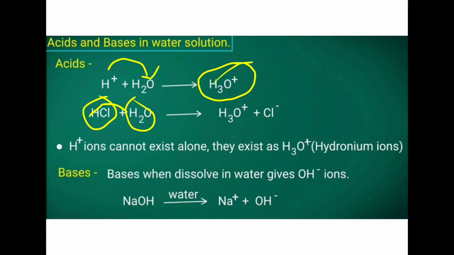The chlorine remains in the solution as Cl minus only. So H plus ions cannot exist alone, that's why they exist in the form of H3O plus, or hydronium ions. Similarly, when a base like sodium hydroxide is mixed with water, it splits into Na plus and OH minus. So it dissolves in water to produce OH minus ions, or hydroxide ions.